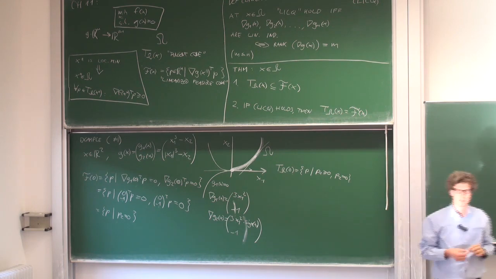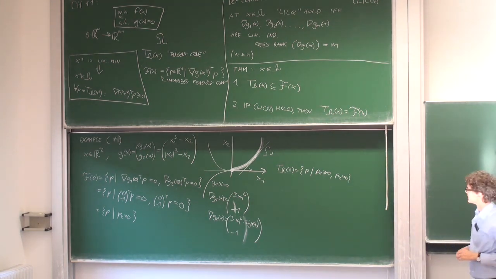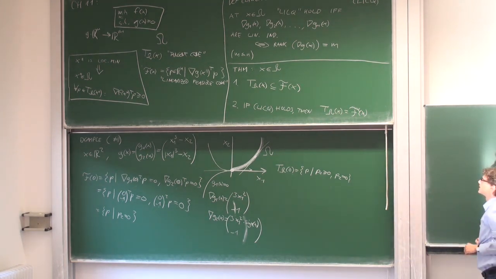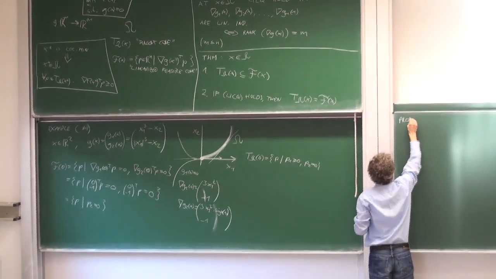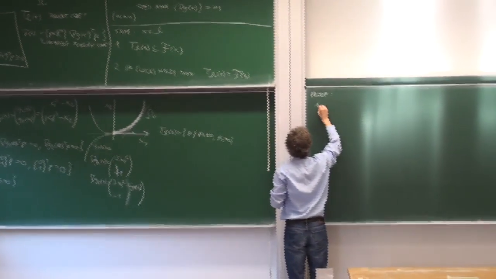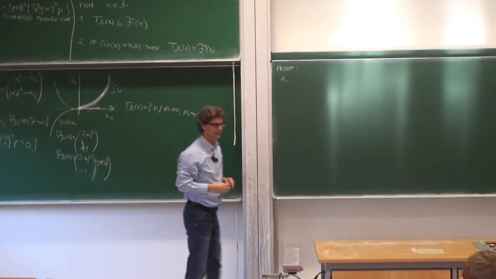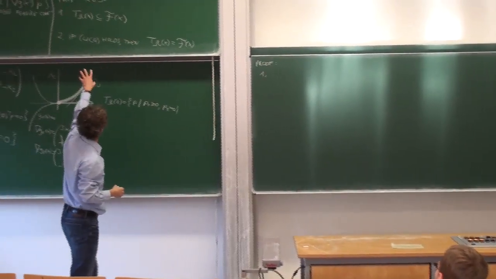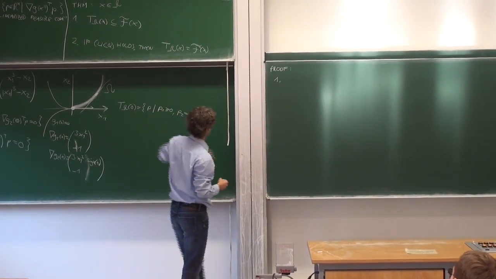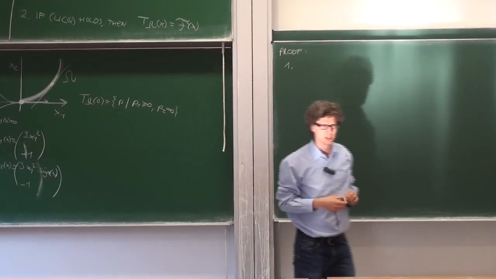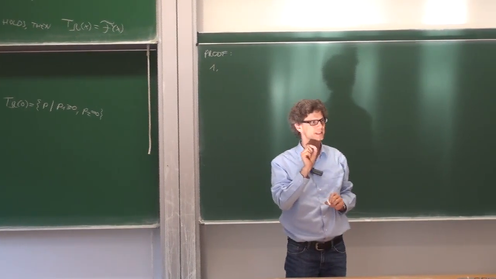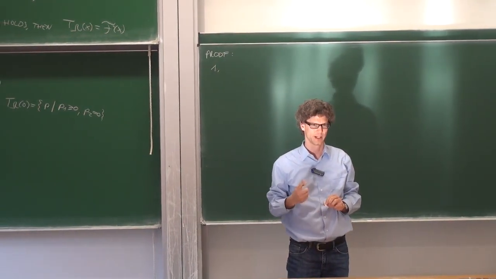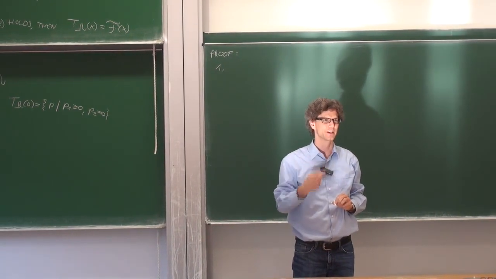Okay, but this theorem we need to prove, and we don't want to just accept it, so let's try to prove it. I want to prove the first part first, so this little statement. What do we need to prove? We need to prove that a vector which is in the tangent cone will also be in the linearized feasible cone.